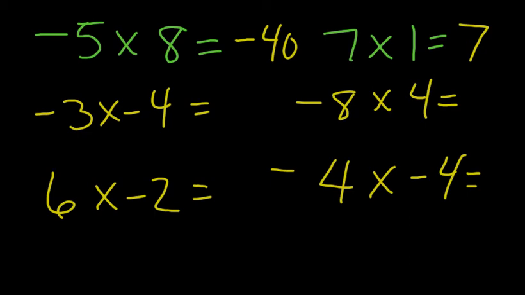They're the same. Answer is positive 12. Negative 8 times 4. They're different. Answer's negative. Negative 32. 6 times negative 2. They're different. The answer's negative. Negative 12. Negative 4 times negative 4. They're the same. The answer is positive 16.